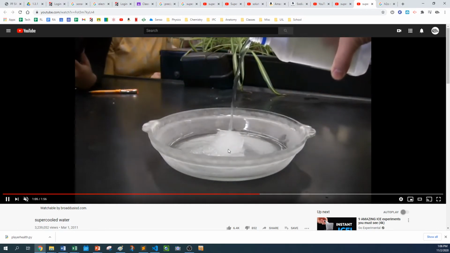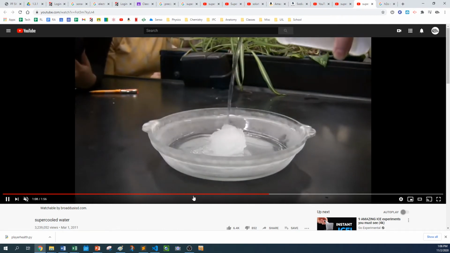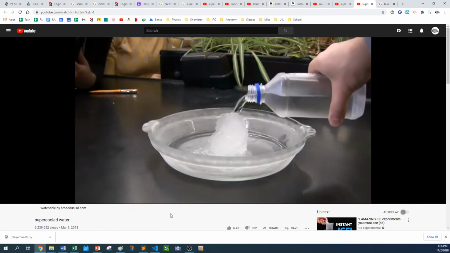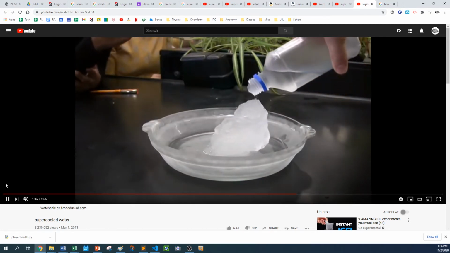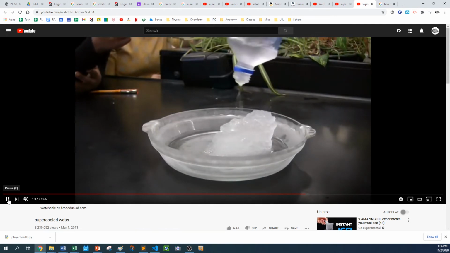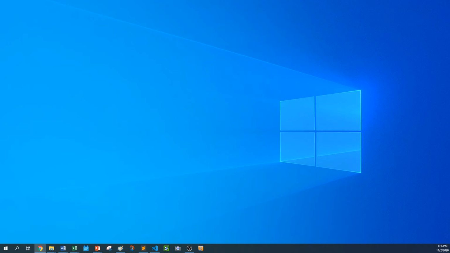And so the water is attaching and rearranging itself at the atomic level onto those crystals and starts building and making more ice. And this is kind of related to supersaturated solutions.